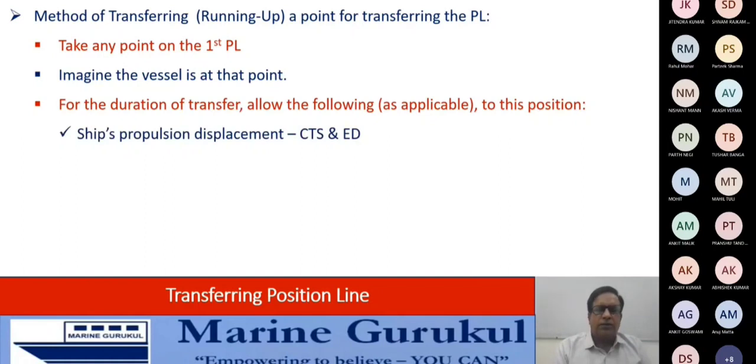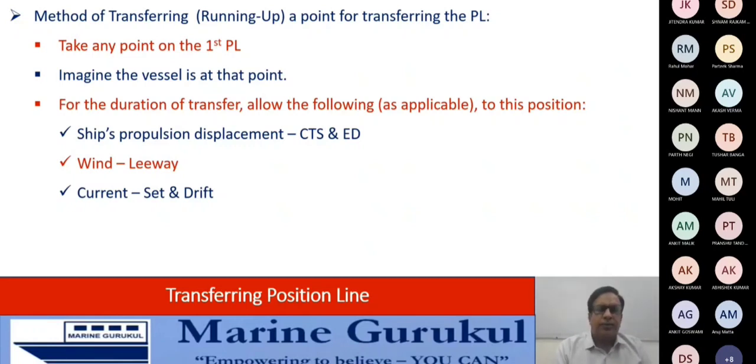And what are these forces or vectors? One is because of the ship's own propulsion, represented by the course to steer and the engine distance. The other could be because of the wind, which is applied through its leeway. The other could be current, which gets applied or allowed through its set and drift.